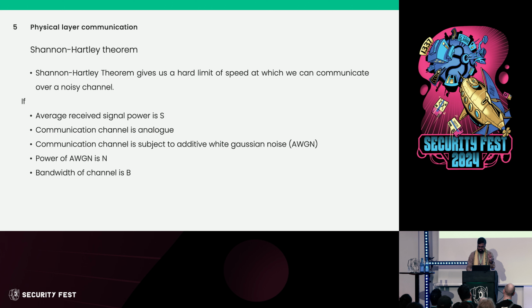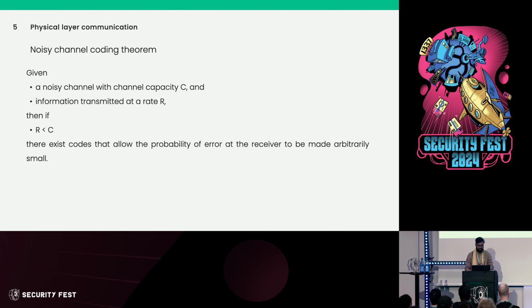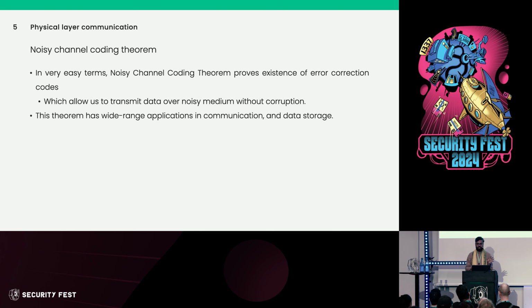See, here, because of noise, our signal is not clean anymore. Okay? Which means that if you try to interpret under presence of even stronger noise, you will end up misinterpreting the original signal. Okay? This theorem basically says that there exists some sort of scheme. It does not give you exact scheme. It only proves presence of such schemes which allow you to recover the original signal from noisy signal.